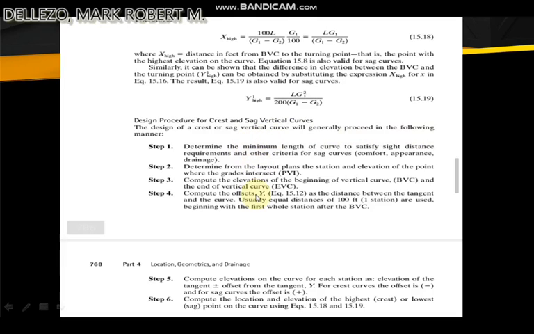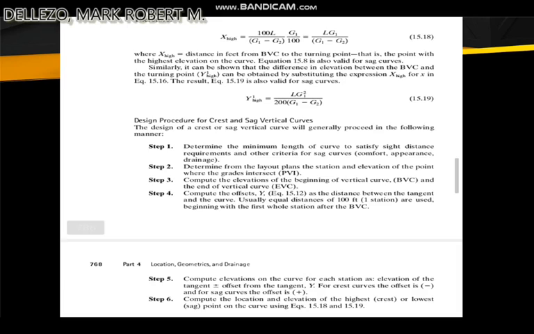So there are 6 steps. First is to determine the minimum length of curve to satisfy sight distance requirement and other criteria for sag curves: comfort, appearance, and drainage.